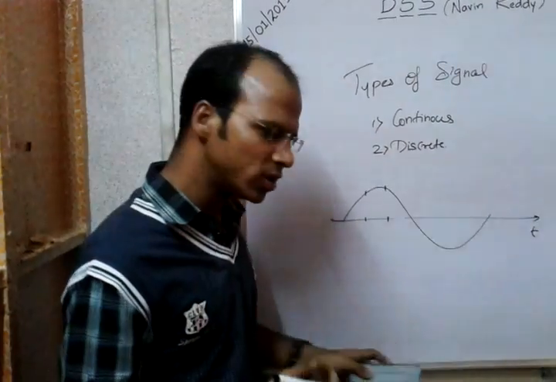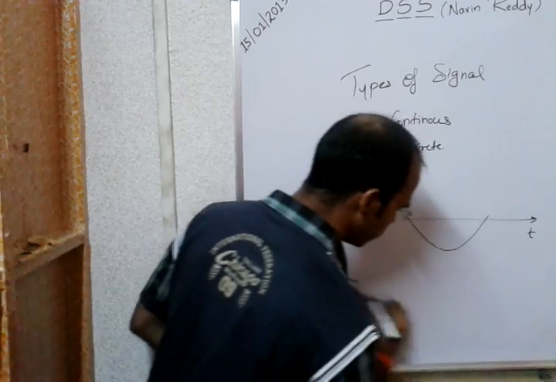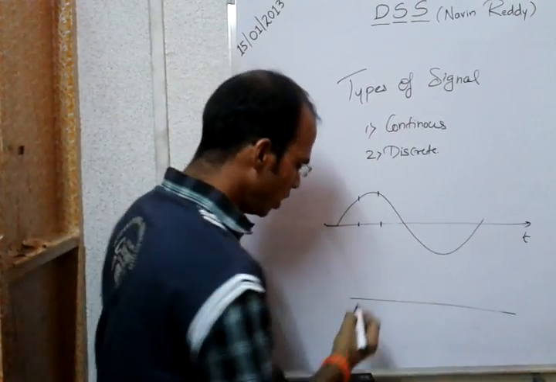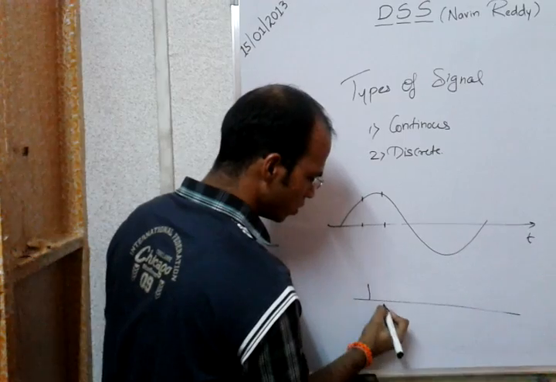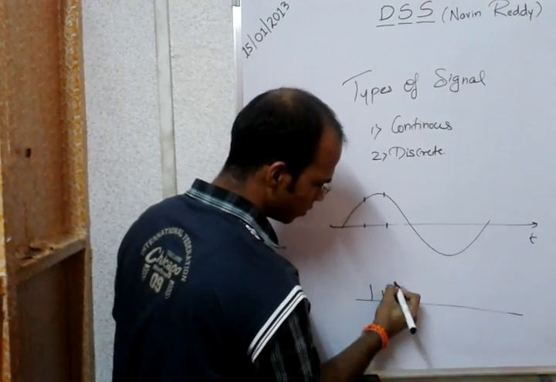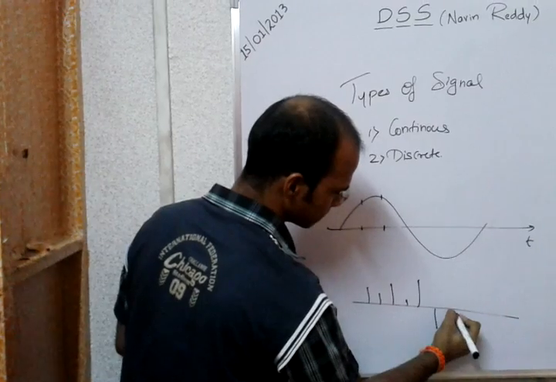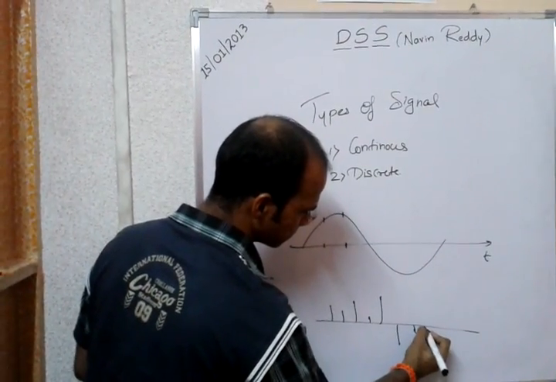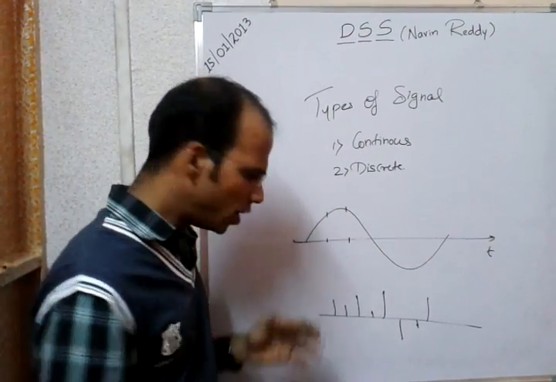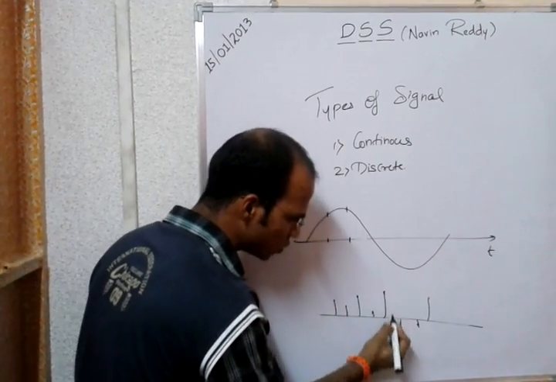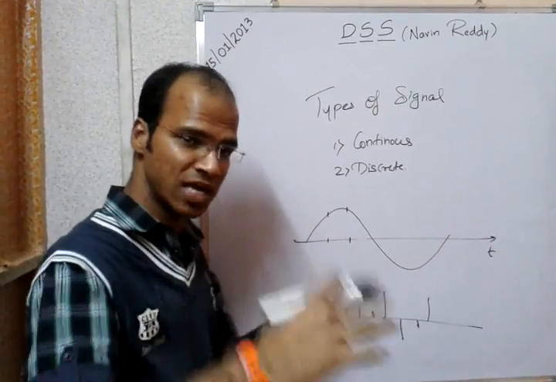But when we talk about a discrete signal, it works in a different way. Discrete signals work with values, not time. If you have these values, these are the discrete signals. You can represent a discrete signal in this way. Now, if you try to judge the signal, you can assume it goes in this way, but you cannot say that it does.